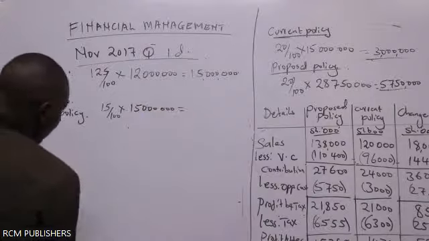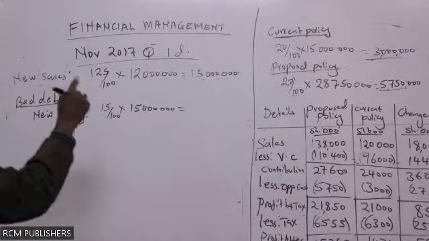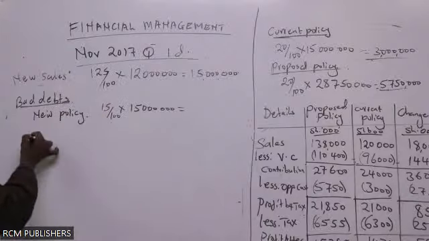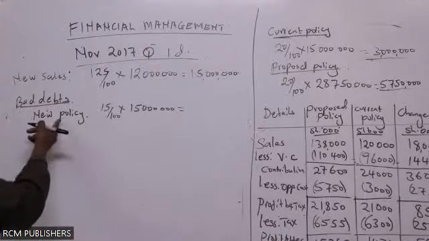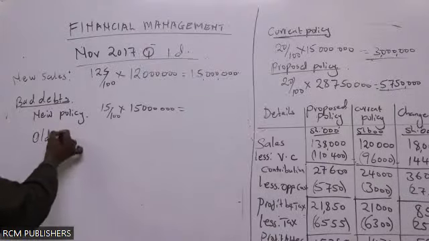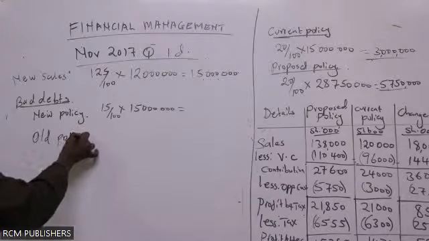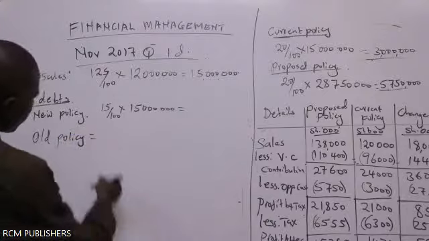So bad debt is 15%. What about the old policy? The new policy is the proposed policy, and the old policy is the current policy. So when I use these names, please do not get confused.